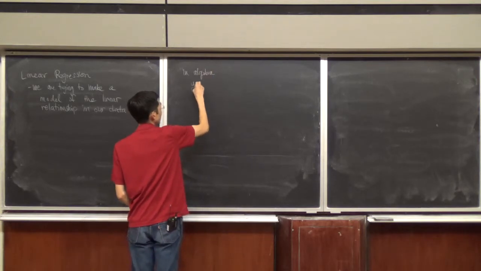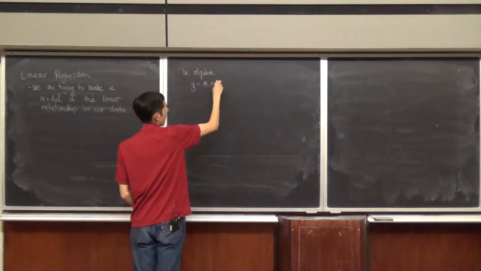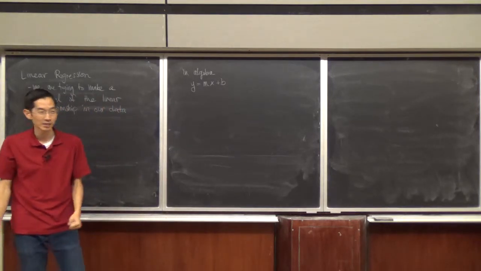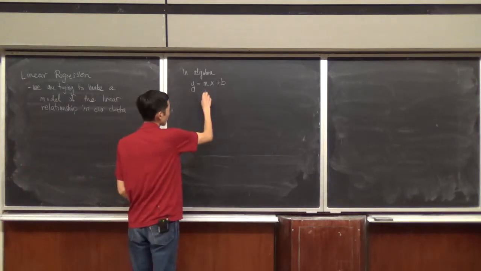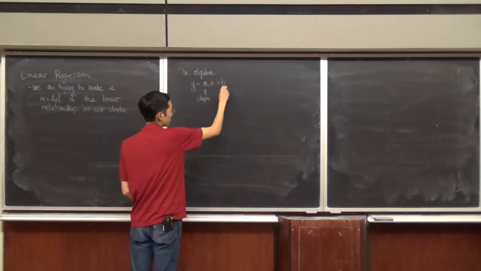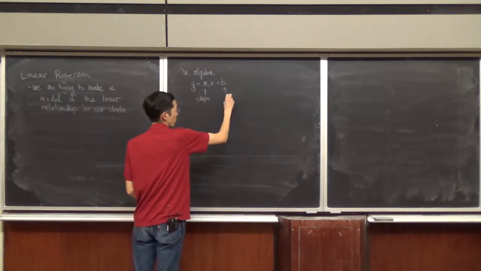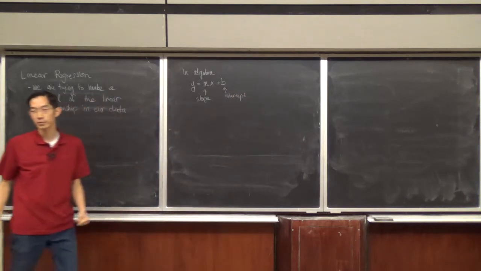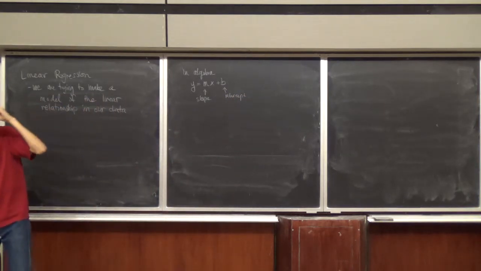This is familiar, right? M was the slope, and b was the intercept. That was in algebra.